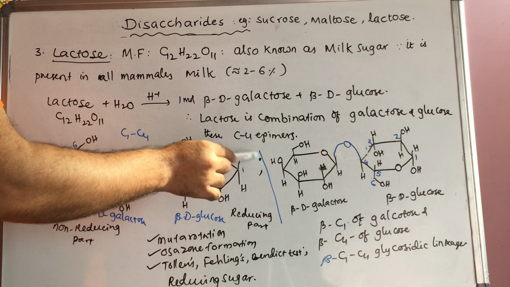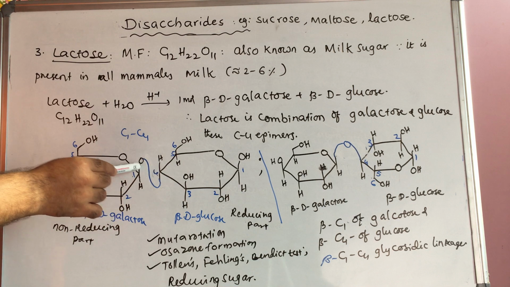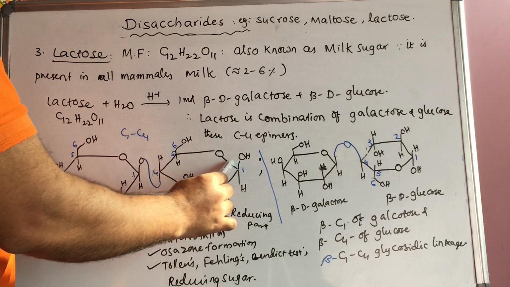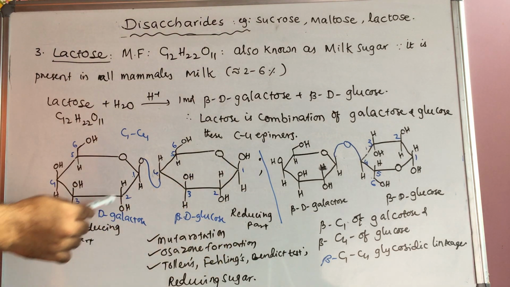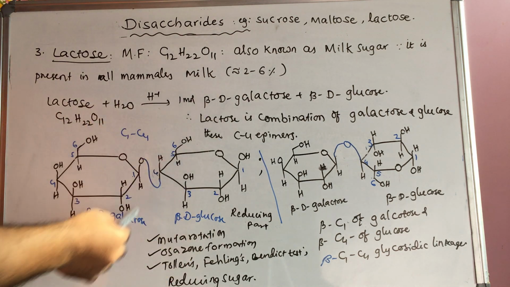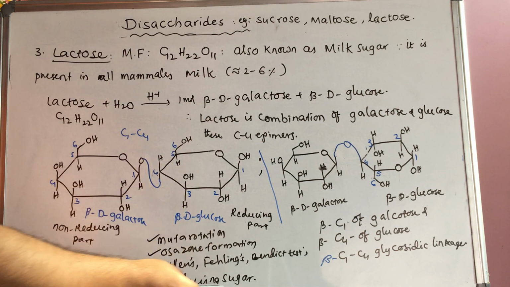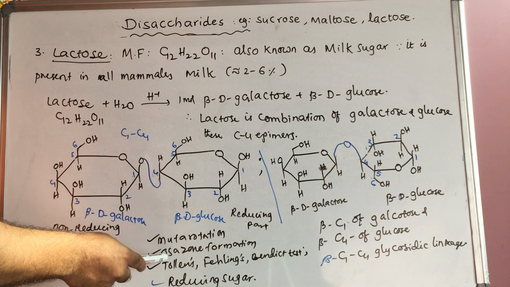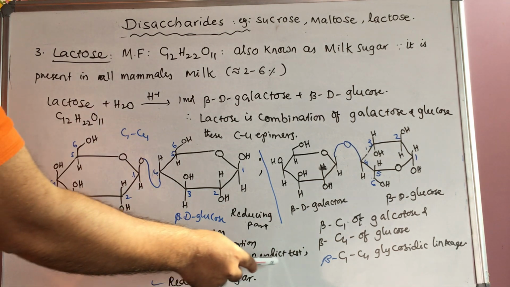So this hemiacetal form has OR and OH, and this part has the acetal form. That's why the right side part is the reducing part and the left side part is the non-reducing part. Overall, the lactose molecule is a reducing sugar. Due to this hemiacetal form, it shows mutarotation, osazone formation, and gives a positive Fehling's and Benedict's test.